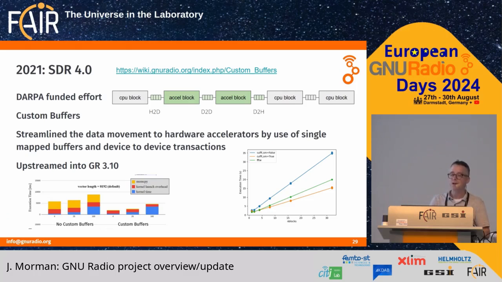So SDR 4.0, again, hitting one of the pain points of GNU Radio. I should say, this is upstreamed. This made it into the 3.x code base, but at the time, GNU Radio had a kind of a fixed buffering scheme. It would make its own circular buffers, which is still there.